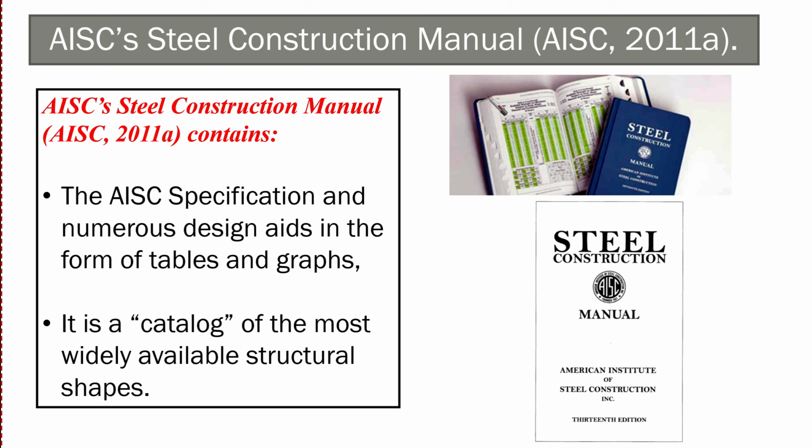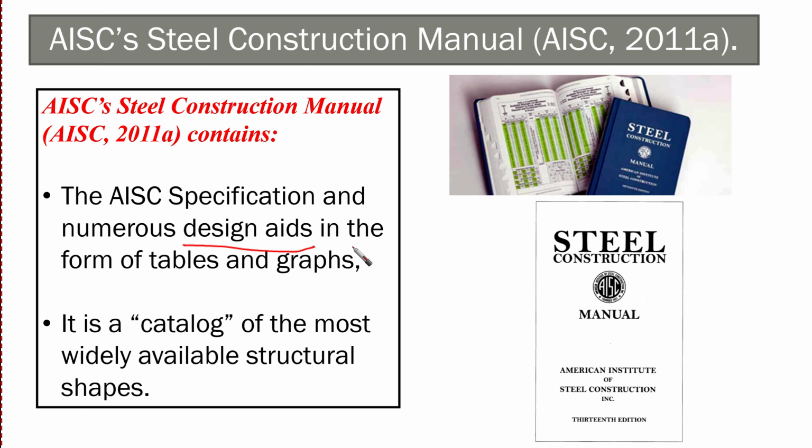AISC's Steel Construction Manual contains the AISC specification and numerous design aids in the form of tables and graphs. This is what this manual is all about. It is giving us numerous design aids that are going to facilitate and help the designer a lot.